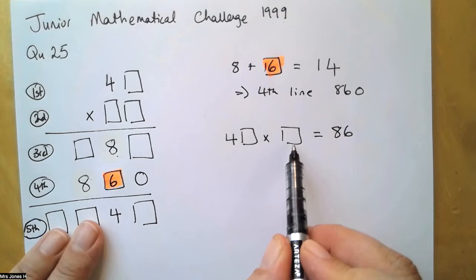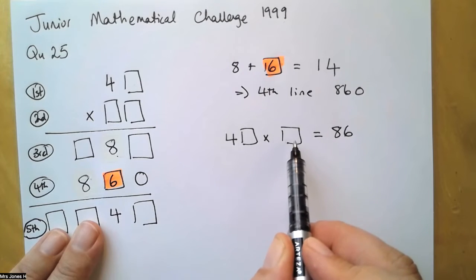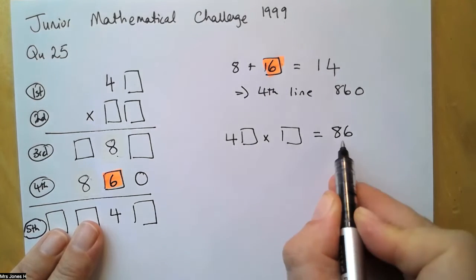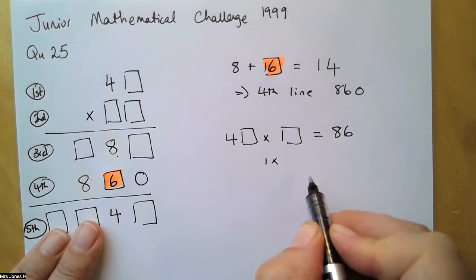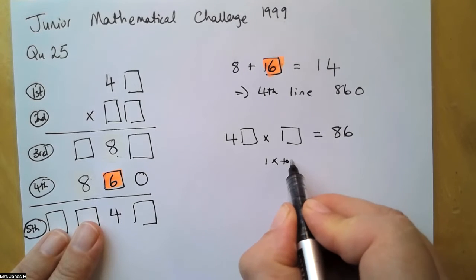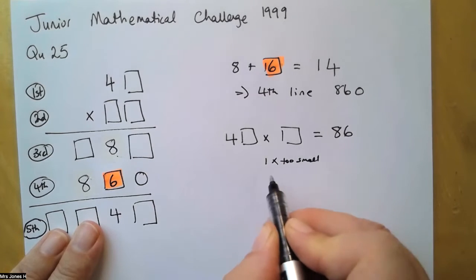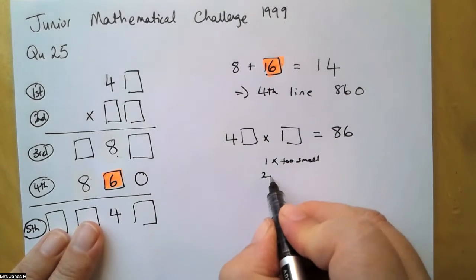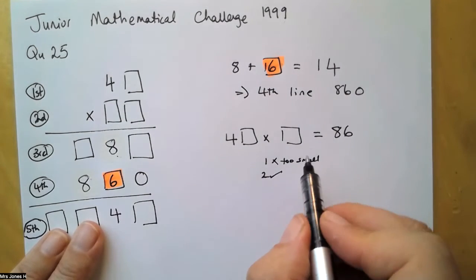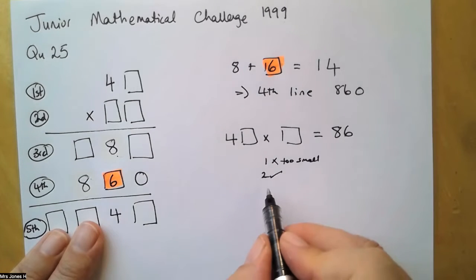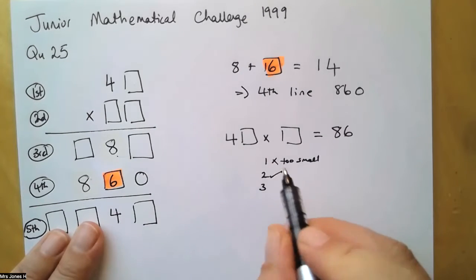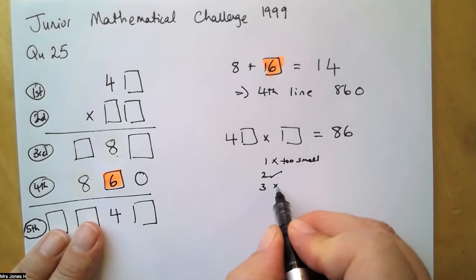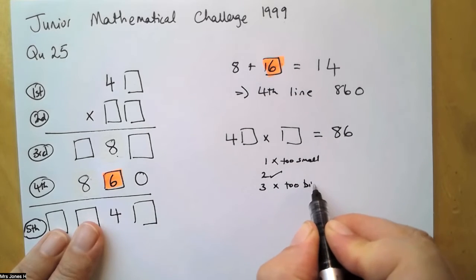If I put in numbers here, if I did 1, 40 something multiplied by 1, well, that doesn't work. It's going to be too small. If I put in a 2, well, 2 times 40 something, yeah, we like that one, because we could have 43. If we just check for 3, no, 40 times 3 is going to be more than this. So this is too big.